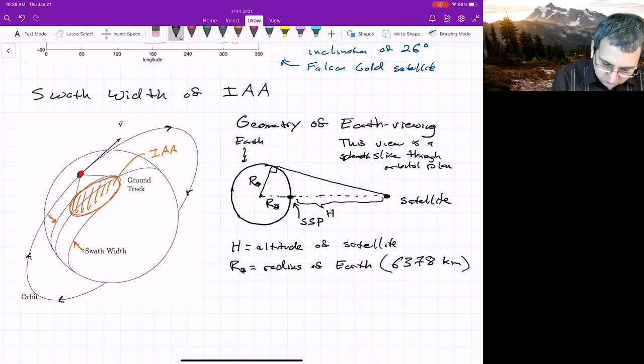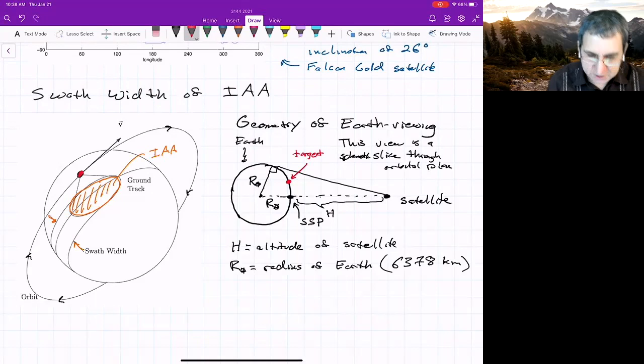Often you want to know, here is the red dot I will call the target. It's a point on the Earth, and you want to know if you can see it. Okay. So for the geometry written here, we write the angle from the direction to the satellite to the horizon.